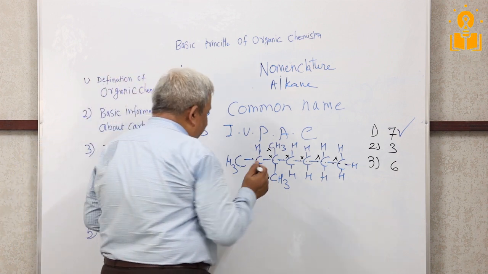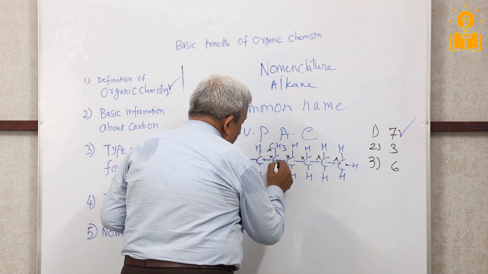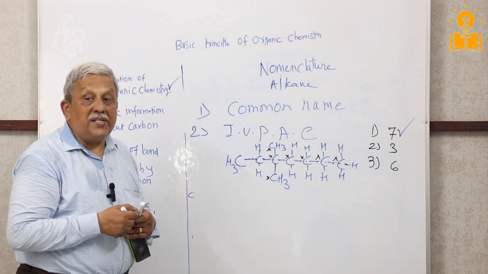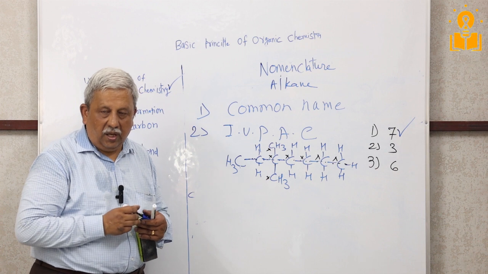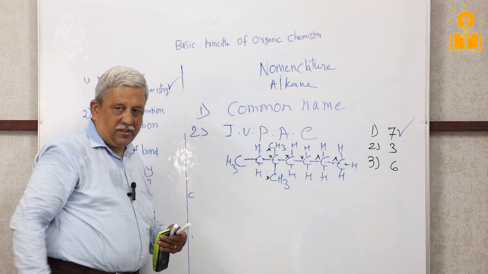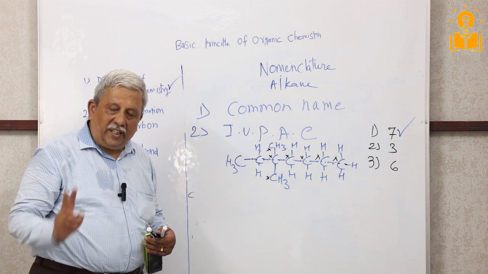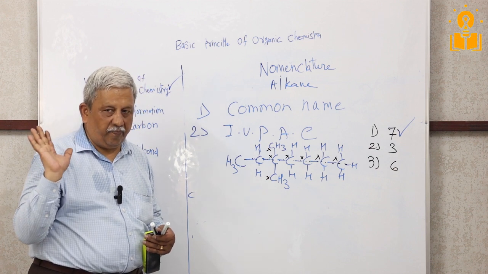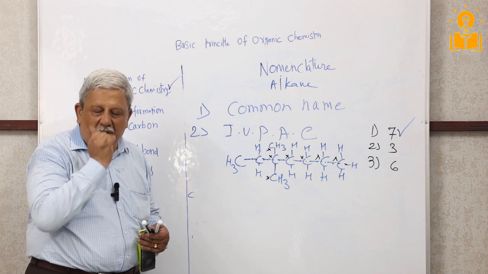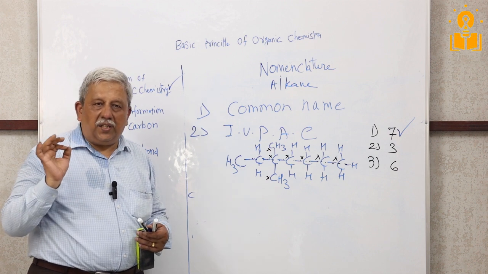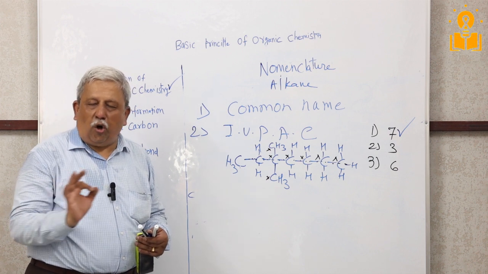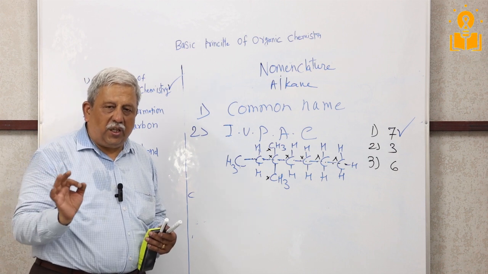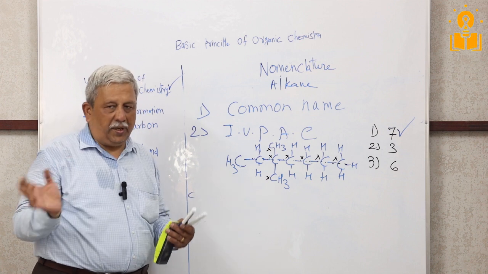Now, when we select this chain, that means the rest of them are substituents. These are called substituents. There is a basic difference between substituents and functional groups. A substituent never changes the chemical properties or gives the identity; it just changes the physical properties.